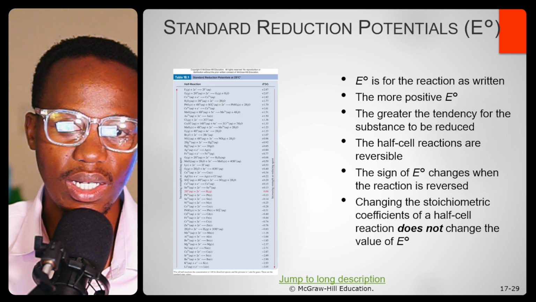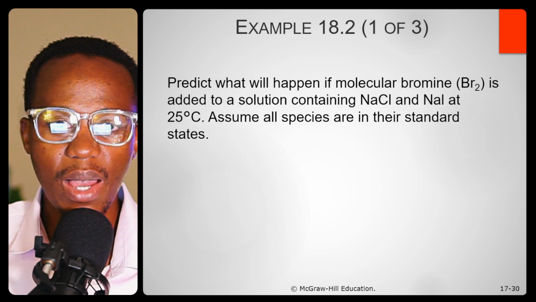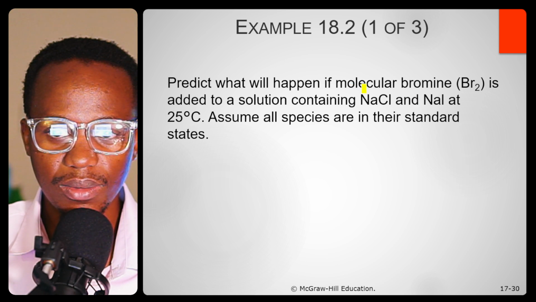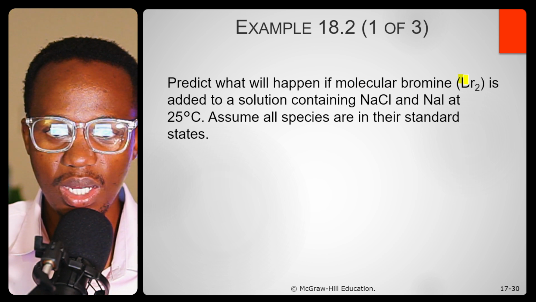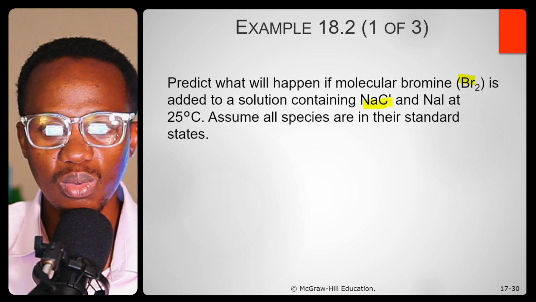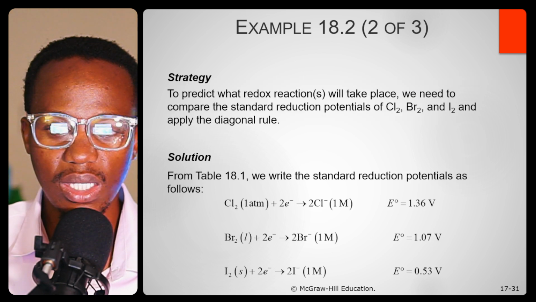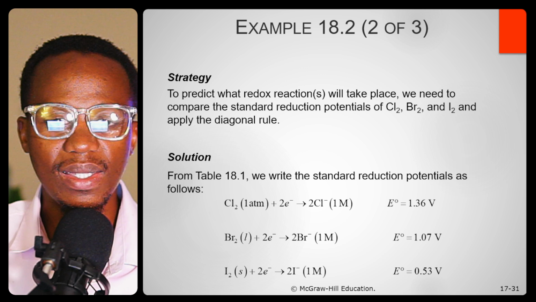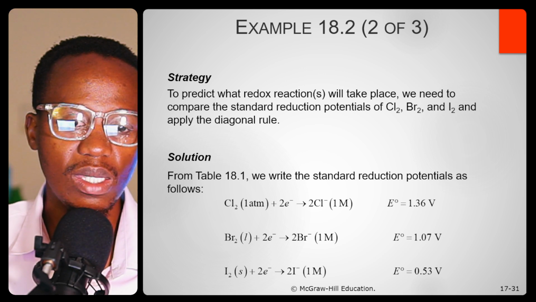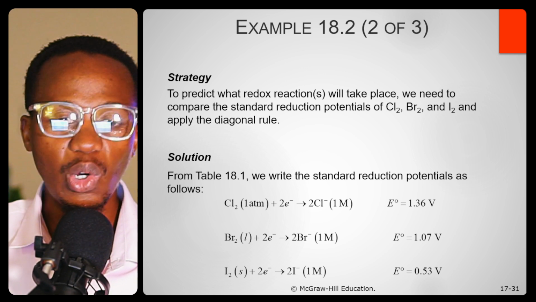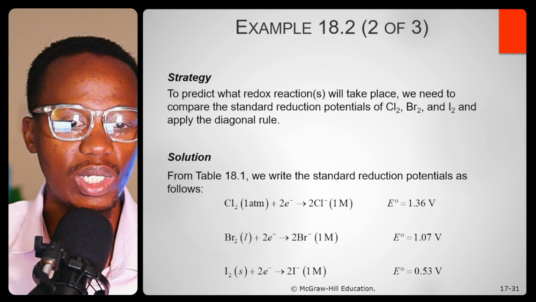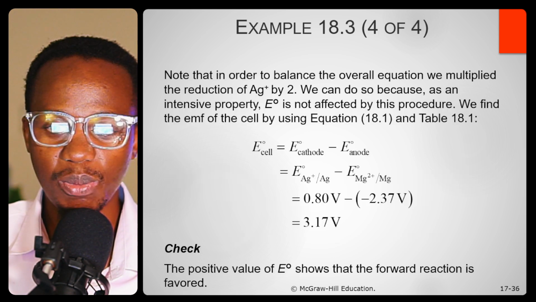So let's look at another example actually, right? Predict what will happen if bromine is added to solution. Ooh, this is actually pretty good, but this is different. So this is, if you remember, the common ion effect, but we're looking at it in terms of reduction potentials as well.